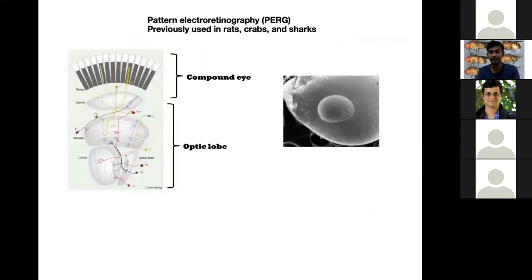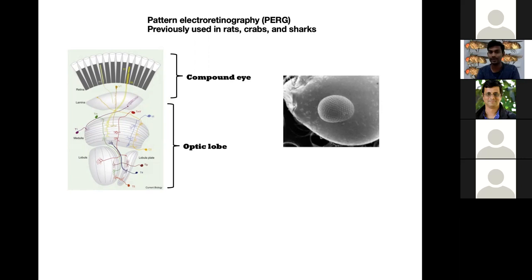So for that reason, instead of doing histology, we used a technique called pattern electroretinography. This kind of technique has been used in other animals such as rats, crabs, and sharks. Here on the left, you can see a representation of a compound eye and then the optic lobe.